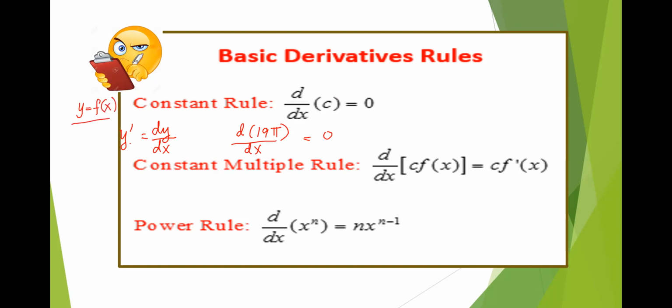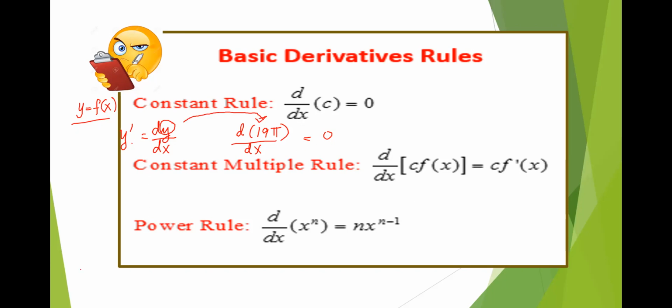So we either denote that as y prime or dy dx. Kaya lang dito nagkataon sa example natin, instead of simply y, yun yung generic natin na notation for the y na function of x. So ang ating y this time is 19 pi, which is a constant, so it will be equal to 0.